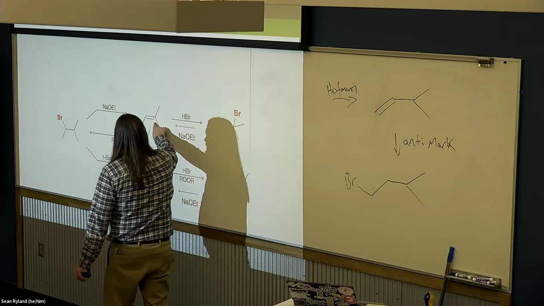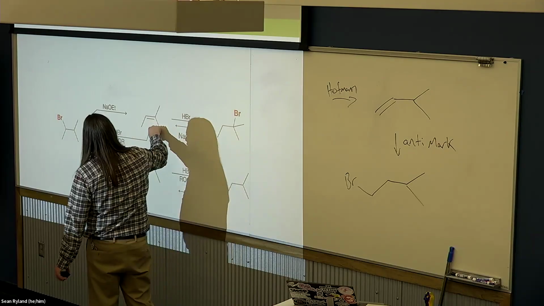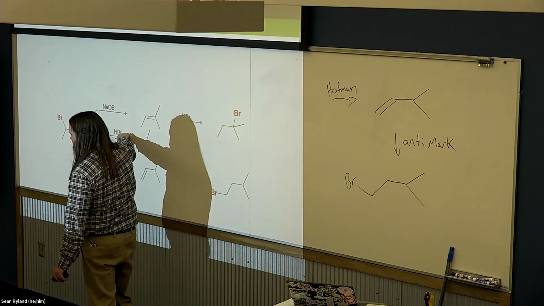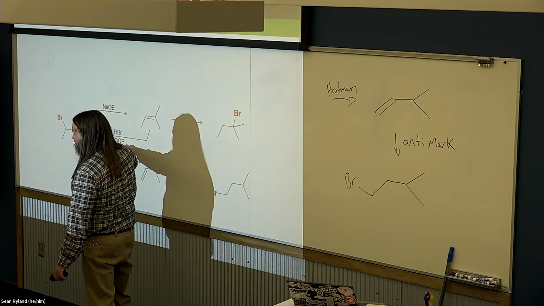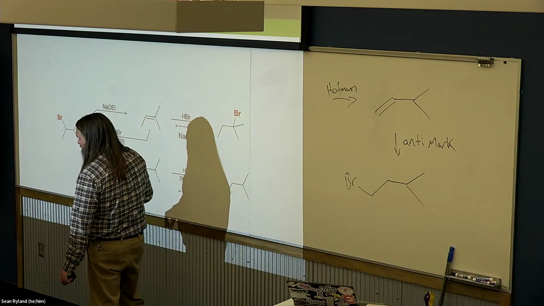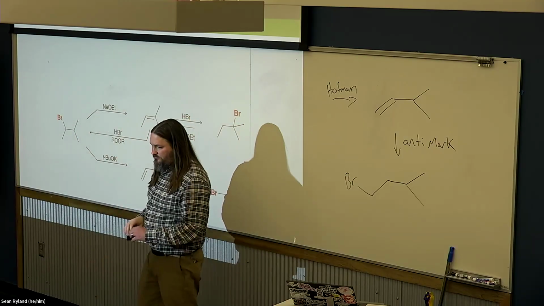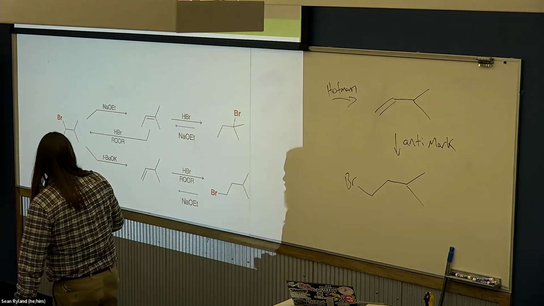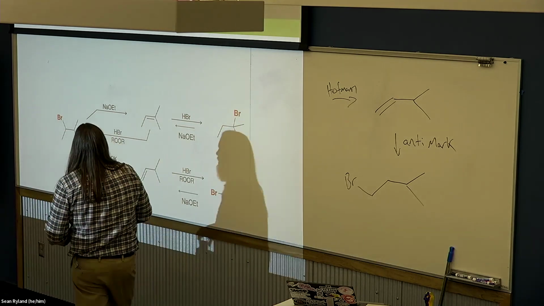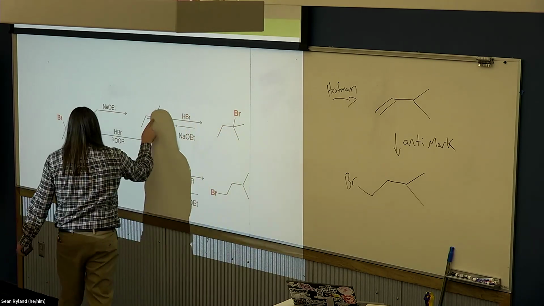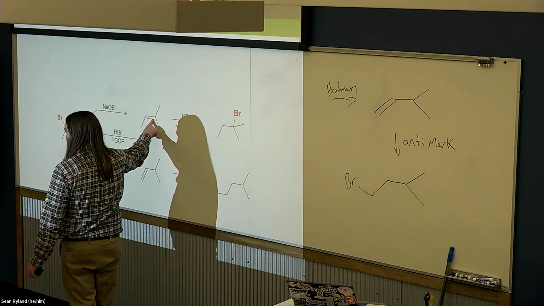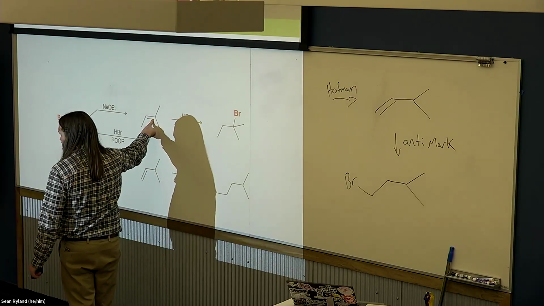Once we get here, if we want to do the anti-Markovnikov, we do HBr with ROOR. So this would give us the Zaitsev product because it's not sterically hindered.